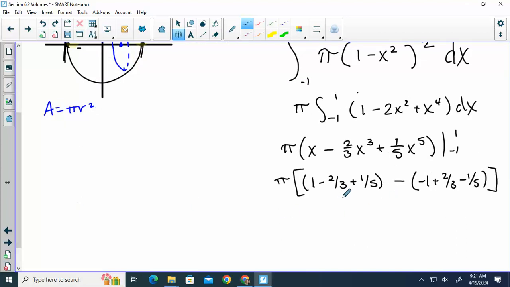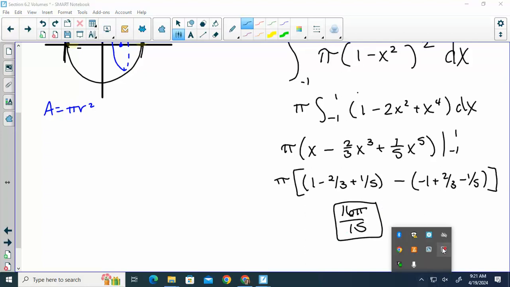That gives pi over 15, maybe. I trust my math.